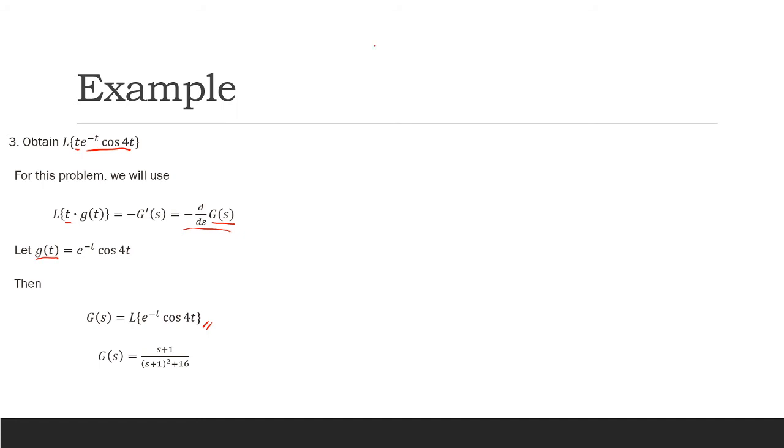So, in the Laplace table, this is simply equal to S plus A over S plus A squared plus omega squared, yung 4 na 'to, omega raised to the 4th. So, ito siya.